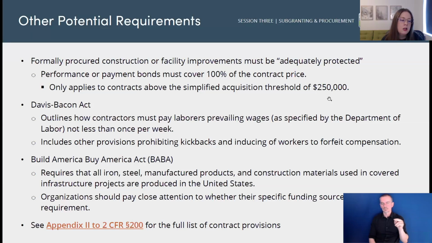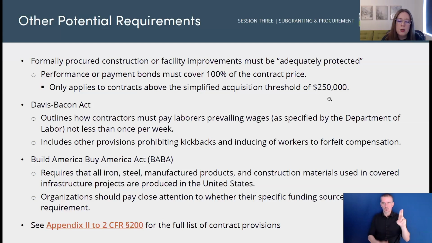And this requirement is a little bit newer, but it's the Build America, Buy America Act. This is for construction projects, and it requires that iron, steel, manufactured products, and construction materials are produced in the United States.